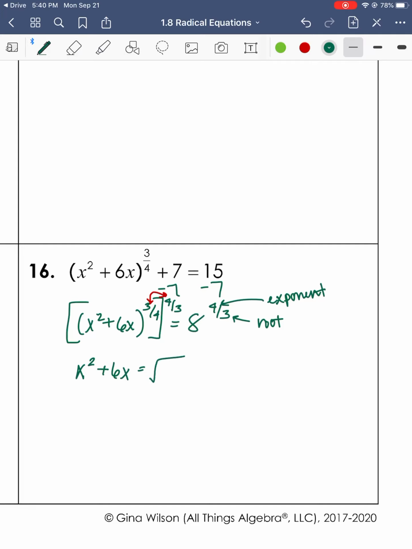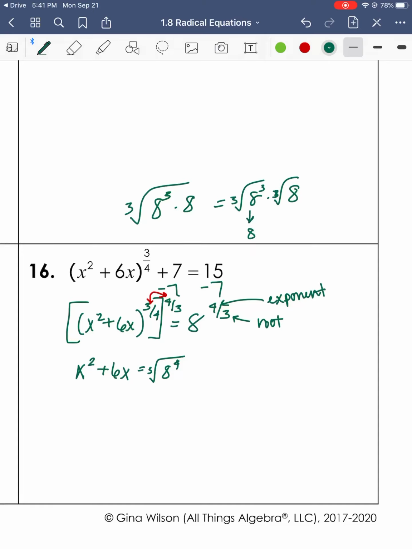Okay, so then we can write this as the cube root of 8 to the 4th. And then just a shorthand way of doing this, the cube root of 8 to the 4th we can write as 8 cubed times 8, which is equal to the cube root of 8 cubed times the cube root of 8.